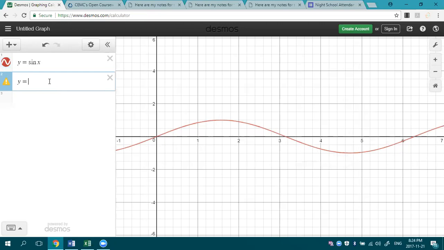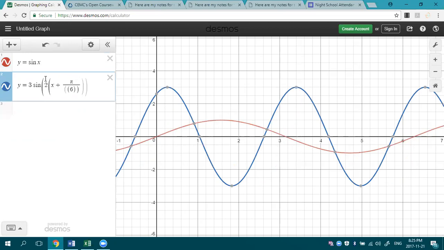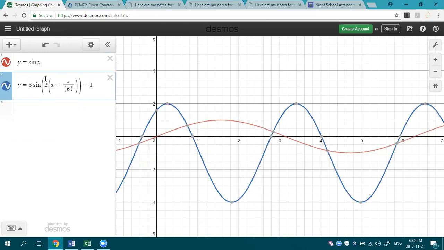So y is equal to 3, what was it? 3 sine of 2x plus pi by 6, and then all minus 1. Okay, so let's look at those points again.